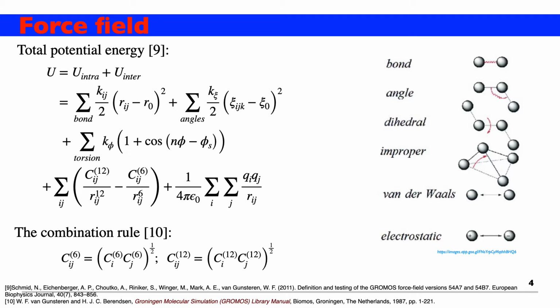It consists of two parts: intramolecular interaction, the bonds and angles described by harmonic terms, and intermolecular interaction described by van der Waals and electrostatic terms. In our case, we have four different atoms, and to consider all the intermolecular interactions, we use a combination rule, given by the lower equation.